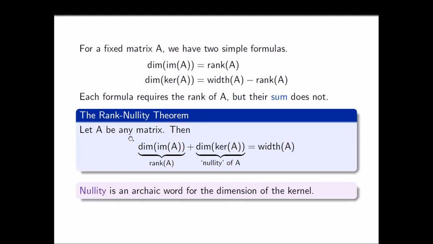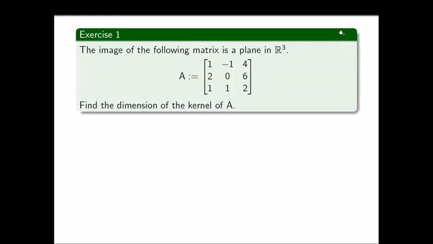So if A is a matrix, any size, then the dimension of the image of A and the dimension of the kernel of A always add up to give us the width of A. So you essentially take the two equations and add them up, and you get that the sum of these two dimensions is the width of A. The dimension of the image of A is called the rank of A, of course, and the dimension of the kernel of A is called the nullity of A, and that's just another word for it. So let's start with an exercise.